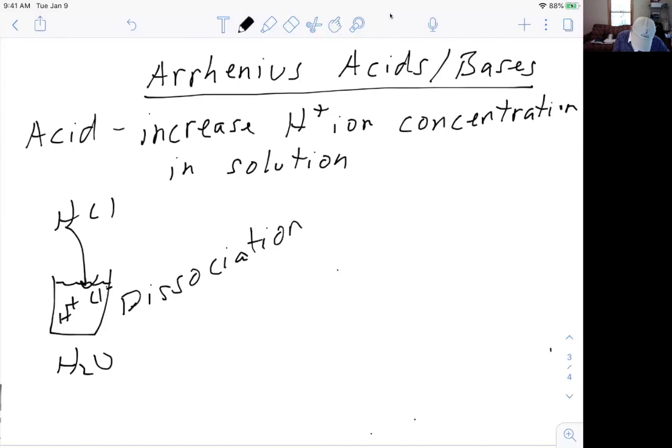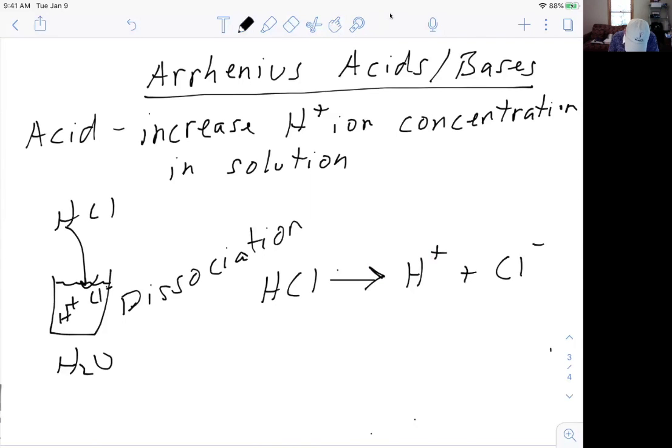So let's put that in somewhat of a chemical reaction form. And it breaks into H plus and Cl negative. Now, here's the problem. This H plus that you see right here is extremely unstable and it's sitting in water.